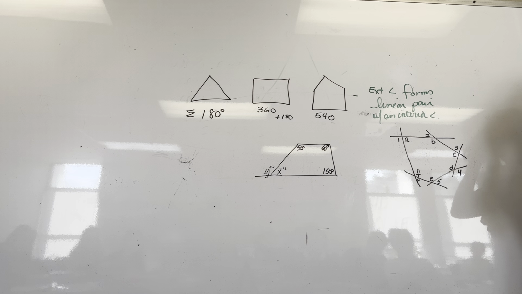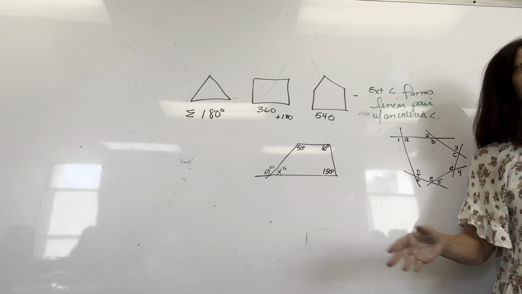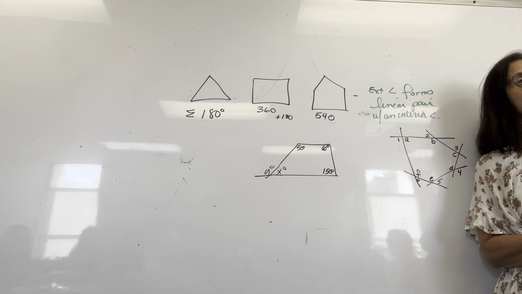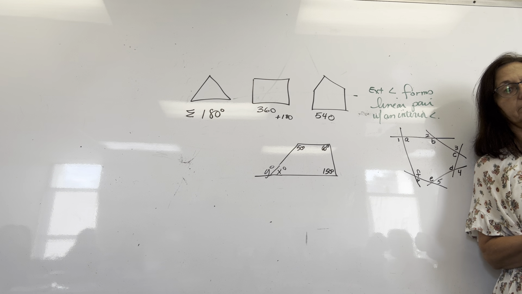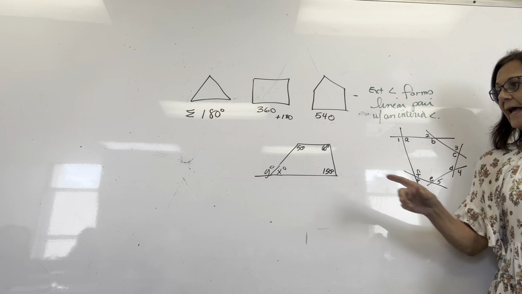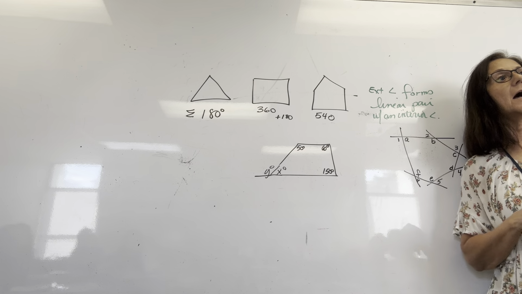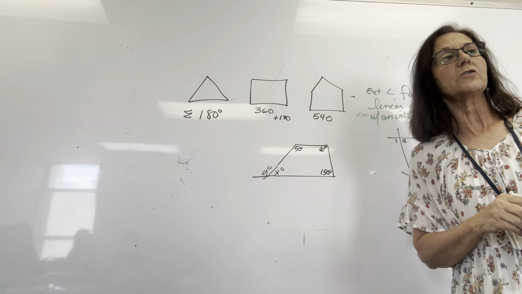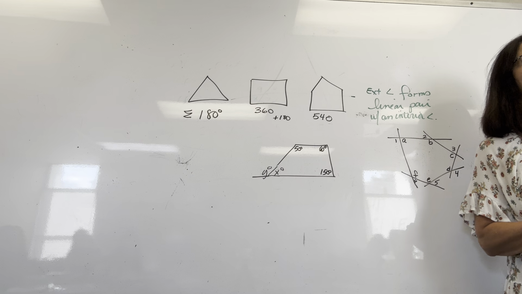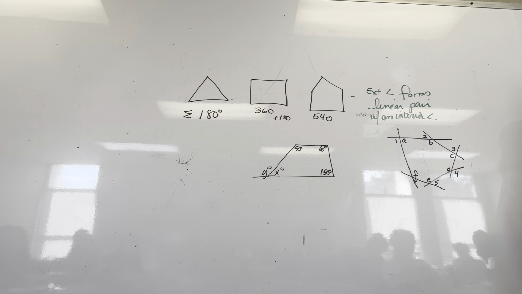How? What do you think, Madeline? Let's start with x. That's where I would start. How would we solve for x? X is interior. How many sides does that polygon have? 4. So what would be the sum of all the angles? 360. So how do I solve for x?